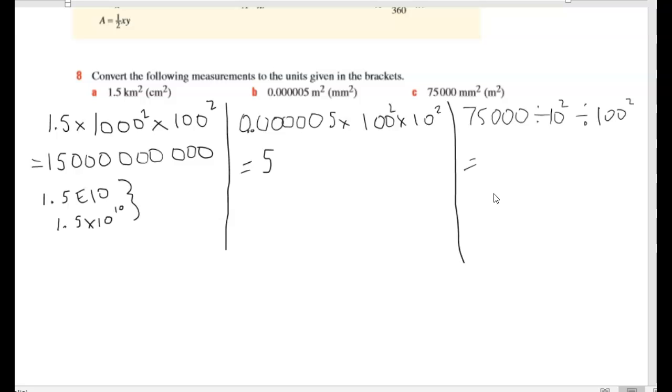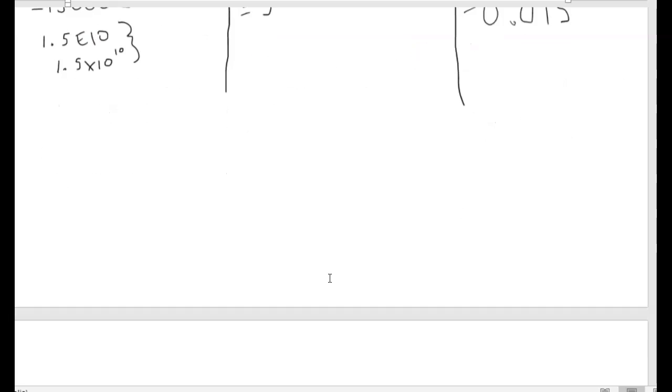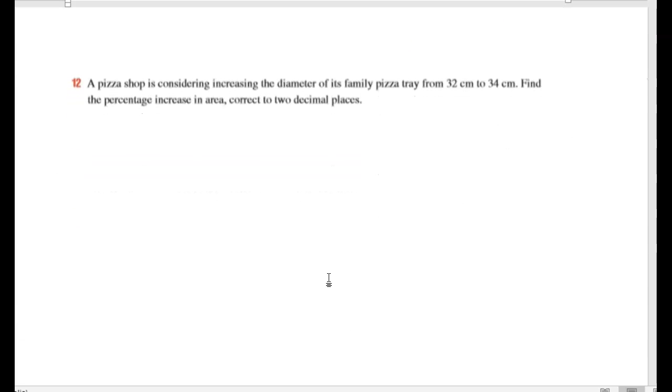And divide by 100 squared. Beautiful. My calculator leaves it as a fraction sometimes, so just making sure I get the right answer. So we've got 0.075.